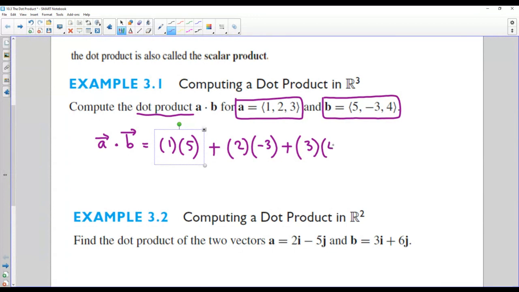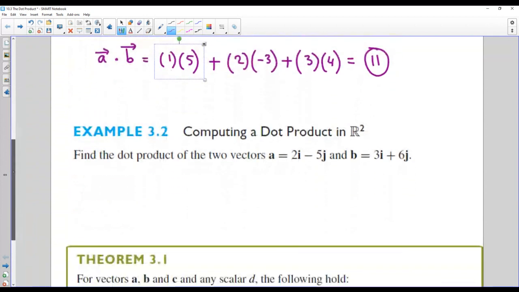The final answer is going to be a number. It could be positive, it could be negative, it may be even 0. We don't know. If you do this operation, you will see that it's going to be 11. So the dot product of these 2 vectors is equal to 11. Very easy, no problem at all there.